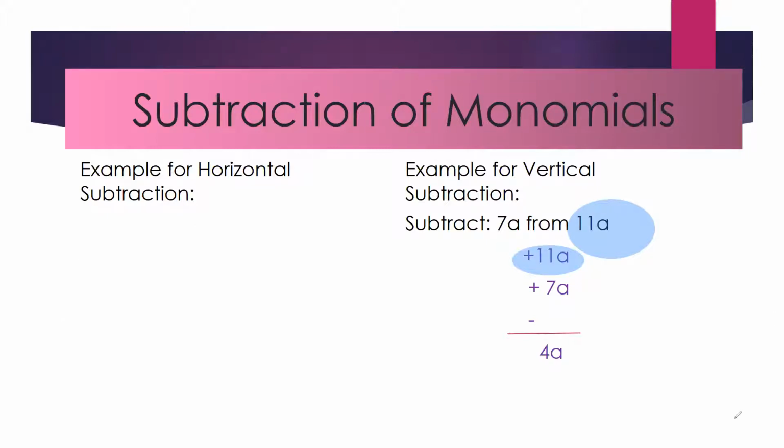Be attentive, students; I will call anyone's name at any time and they will have to unmute. The term written after "from" is 11a, so 11a is going to be written first. And what we have to do is subtract 7a from 11a. So write down 11a first, then 7a on the next line, because it's a vertical subtraction.